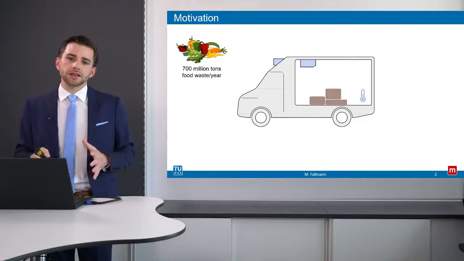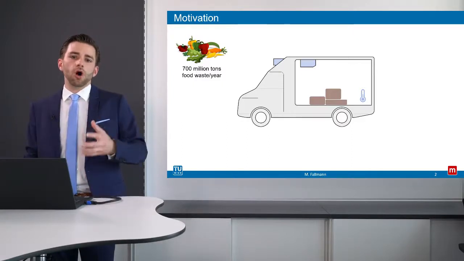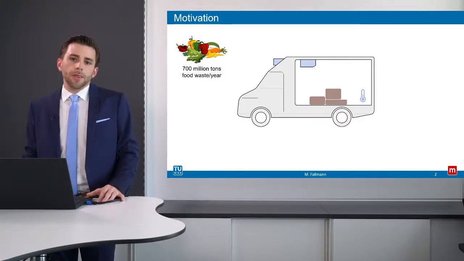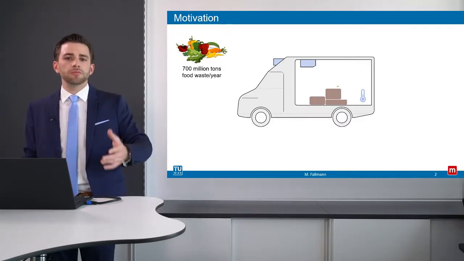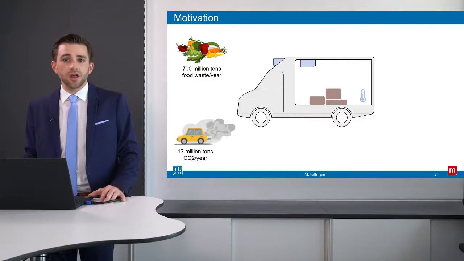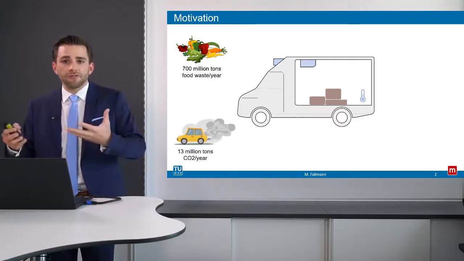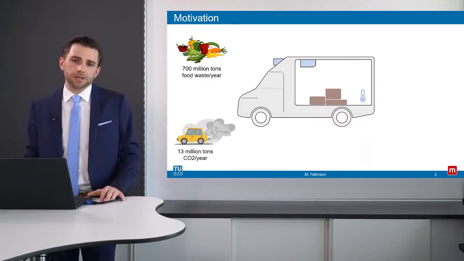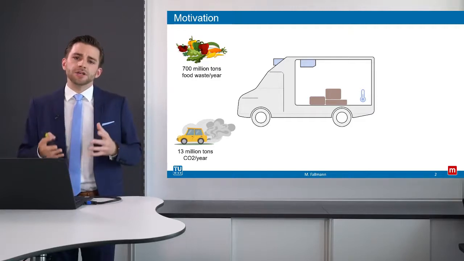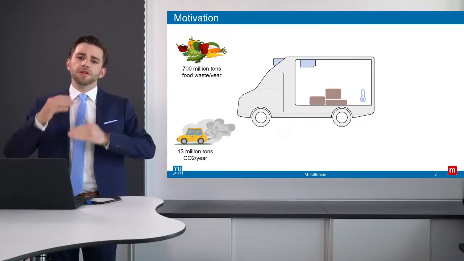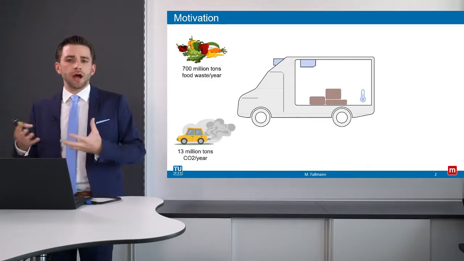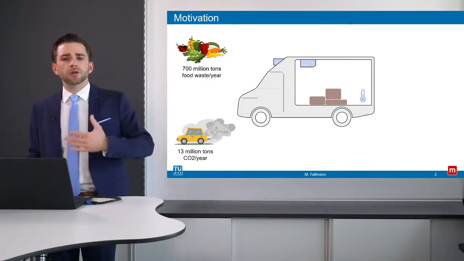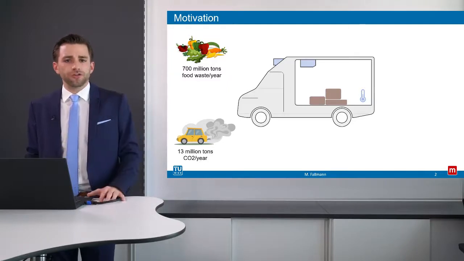And besides that, a lot of energy is needed for operating such cooling units. All refrigerated trucks combined emit approximately 13 million tons of carbon dioxide a year and therefore have a very large environmental impact. Our main objective is to keep better track of given temperature limits, to inhibit or at least reduce the amount of wasted goods, and to simultaneously increase overall efficiency.